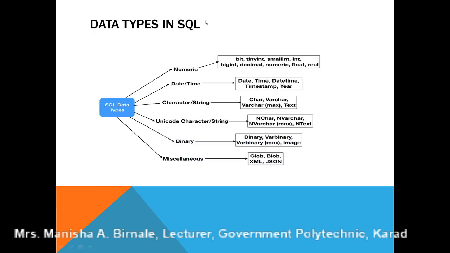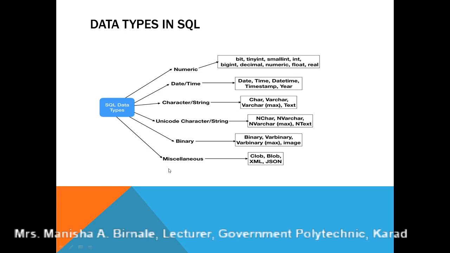Next point is data types in SQL. In a relational database management system, data is stored in tabular format. While creating a table, we have to assign data types to the columns. Suppose we want to store information of a student in a table.